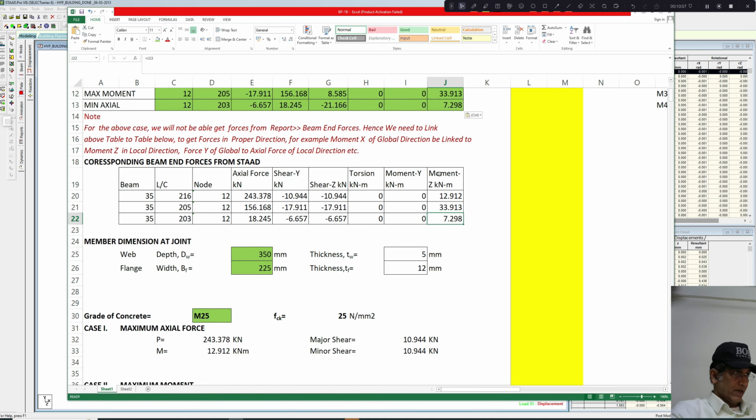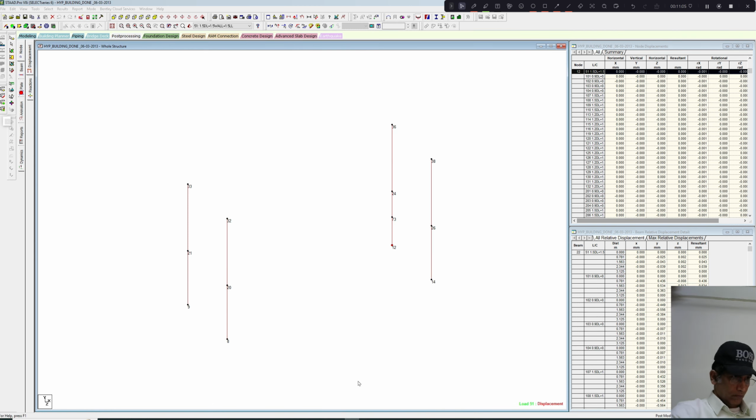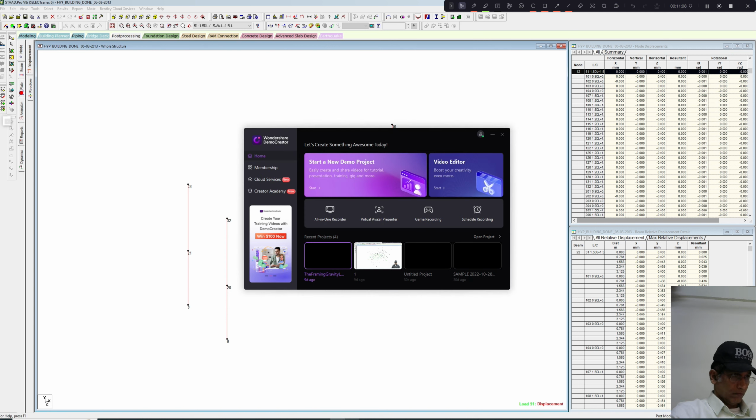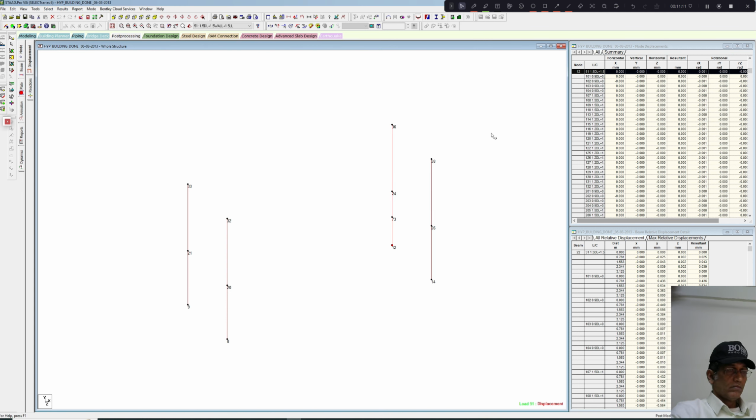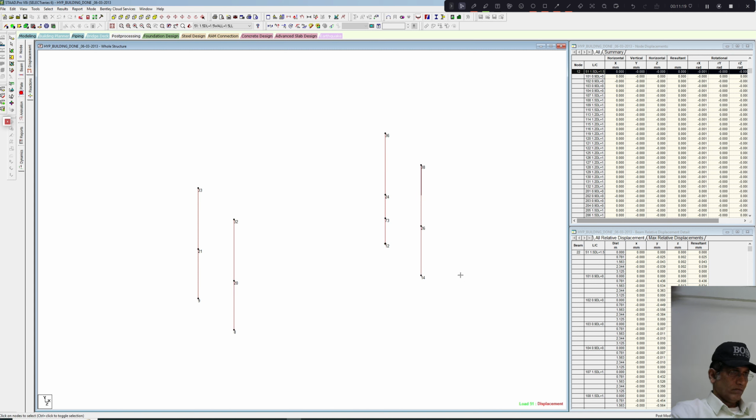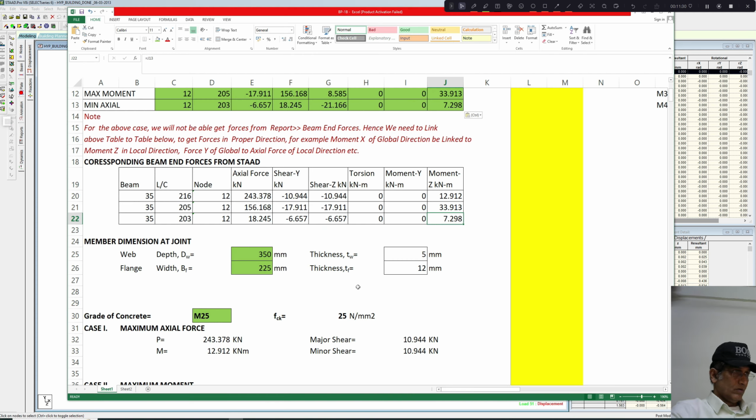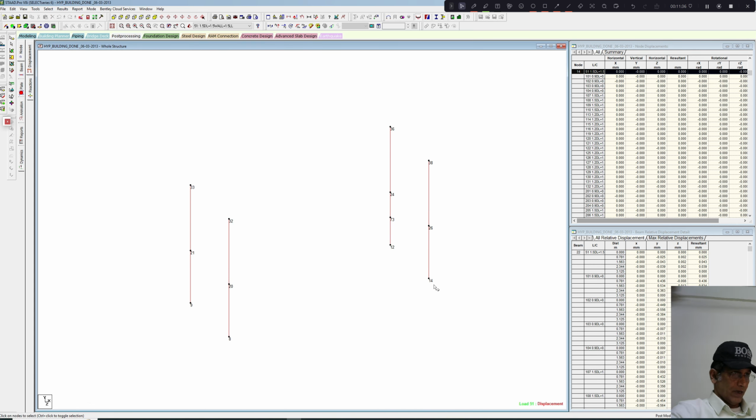Now you have to provide the next member dimension. For the member dimension, you have to go back to the STAAD file. Let us see what is there in the STAAD file.